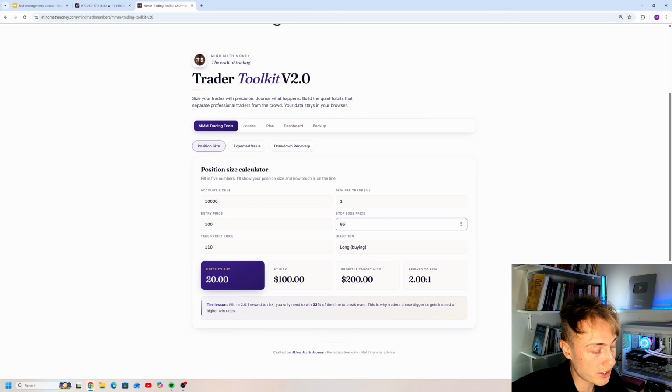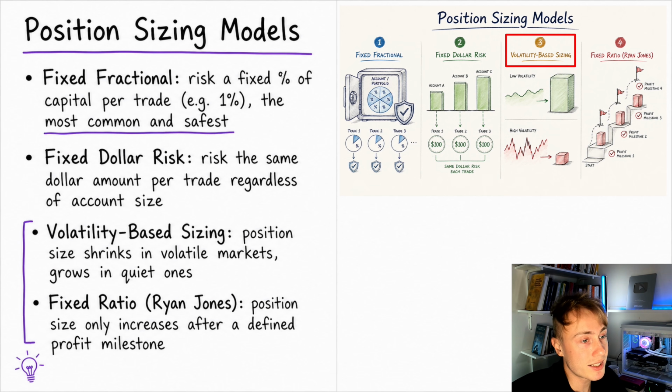So as you can see here, if we increase the distance of our stop loss from 95 to 90, that means that we now only buy 10 units instead. Or in other words, our position size is actually decreasing. We're holding a smaller size here. So as you can see on the volatility-based sizing, when we have low volatility, the size gets bigger. And when we have high volatility, we need to decrease the size.